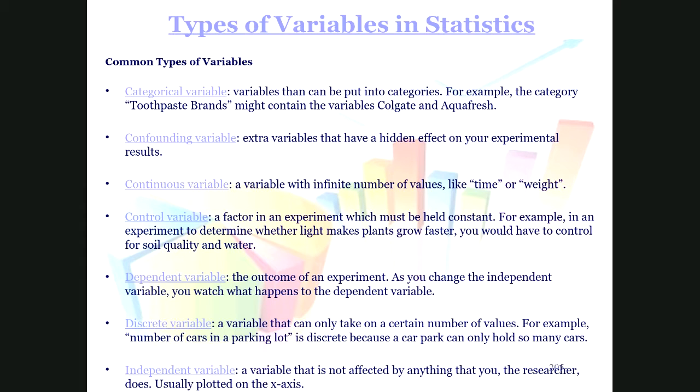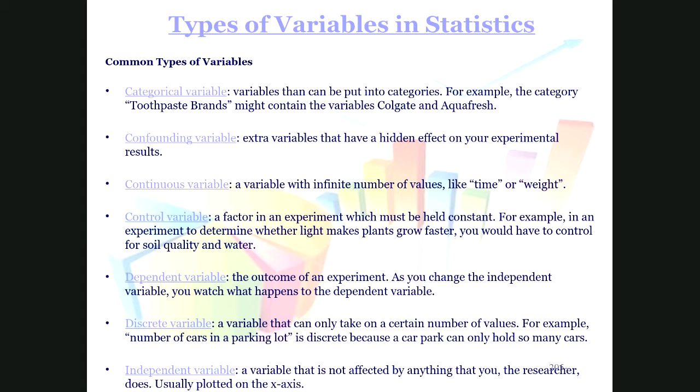Now, hopefully you will not come across this if you decide to do your own data, but a confounding variable, which is an extra variable that has a hidden effect on your experimental results. A confounding variable is also referred to as noise.